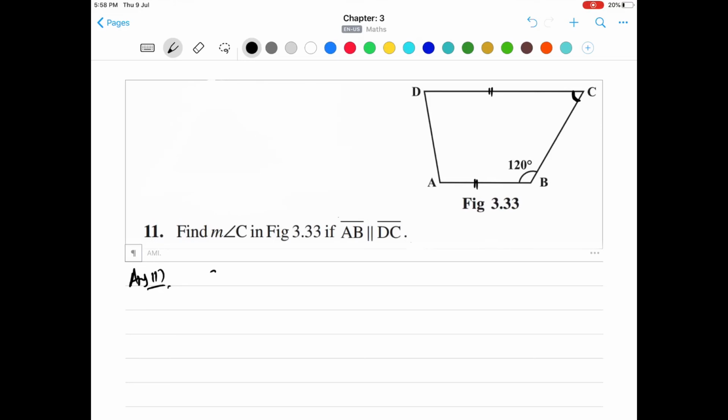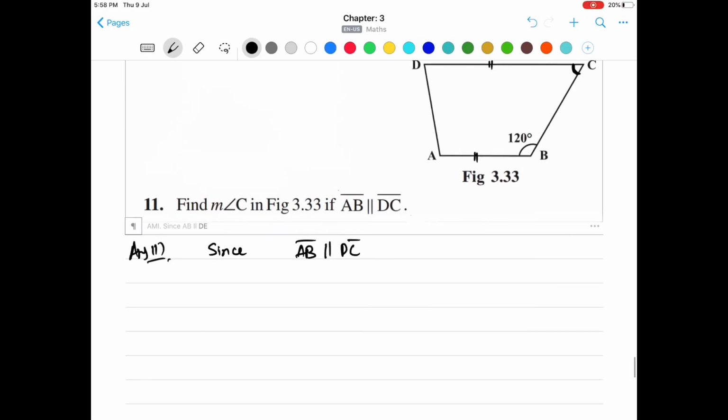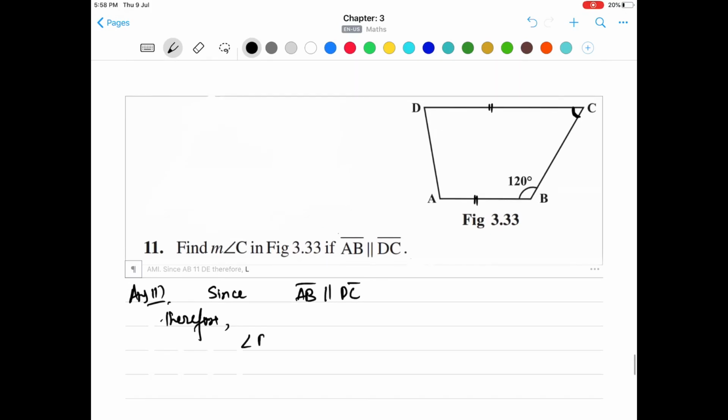Okay, so it's given that since AB is parallel to DC, the sides AB and DC are parallel, therefore the sum of angle B plus angle C has to be equal to 180 degrees.